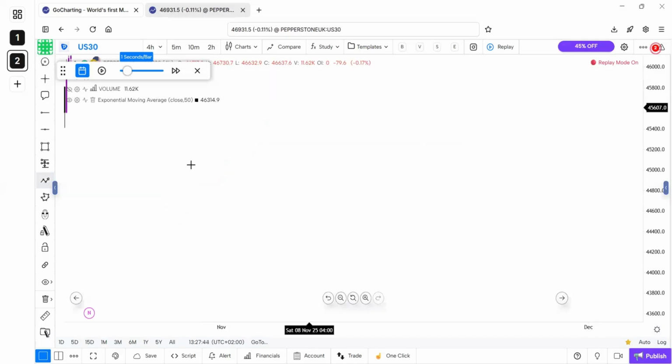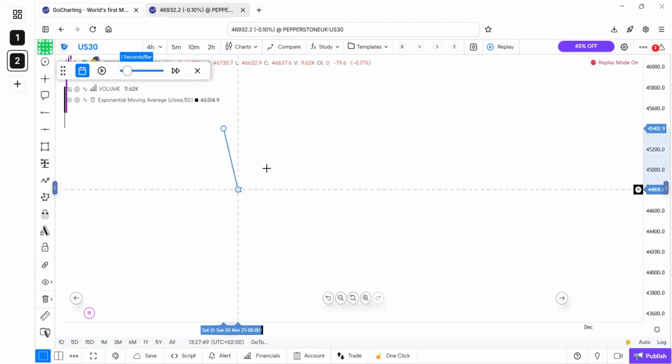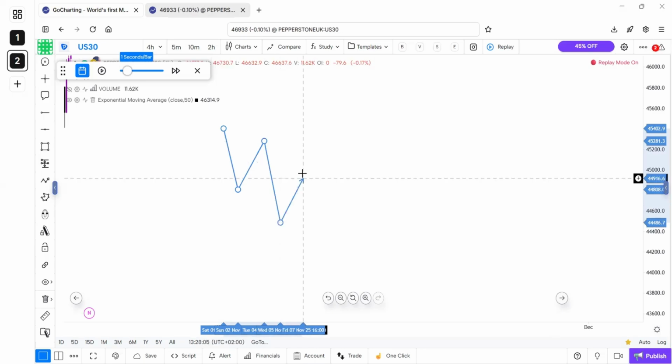All right, so when the market is selling, we have this low, we have this high, we have a lower low. When the market breaks this low here, this could be an indication, and then a correction, and then a lower high, guys.